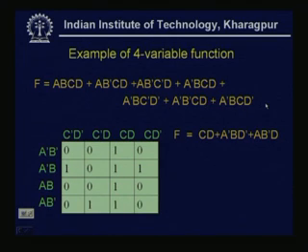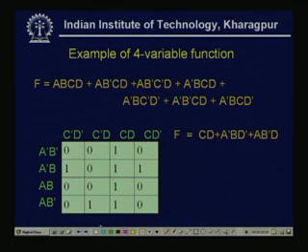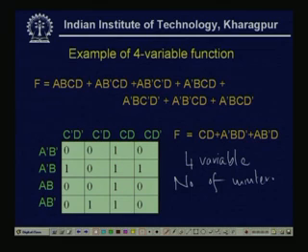Now, as it is a 4 variable function, the number of min terms is 2 to the power 4, equal to 16.